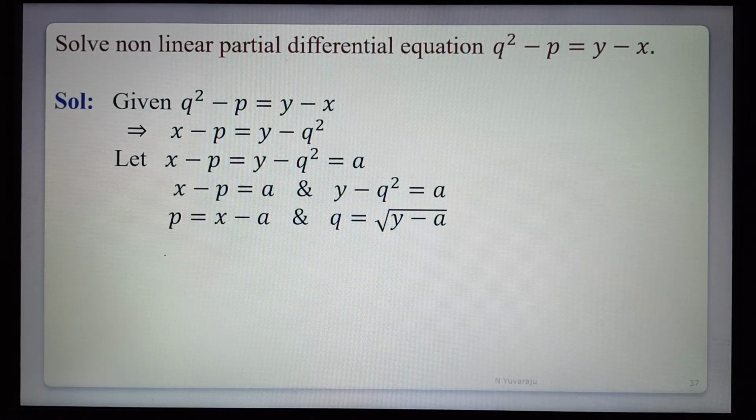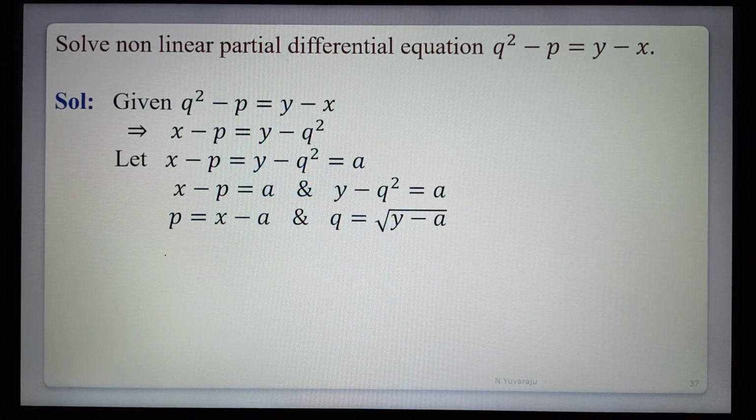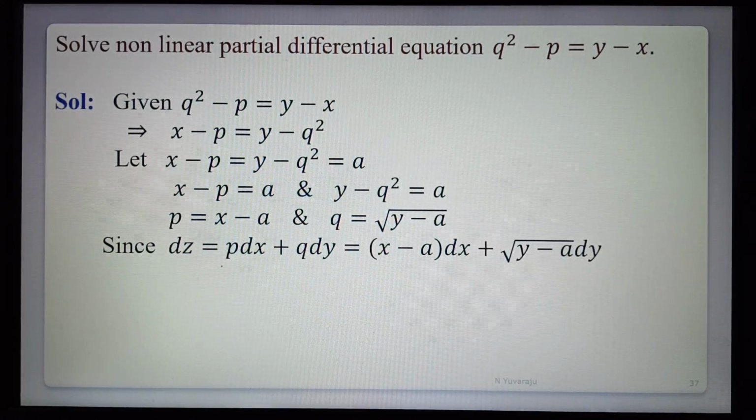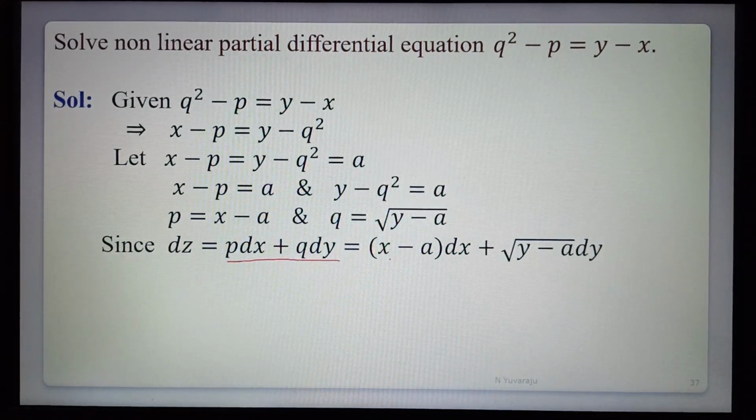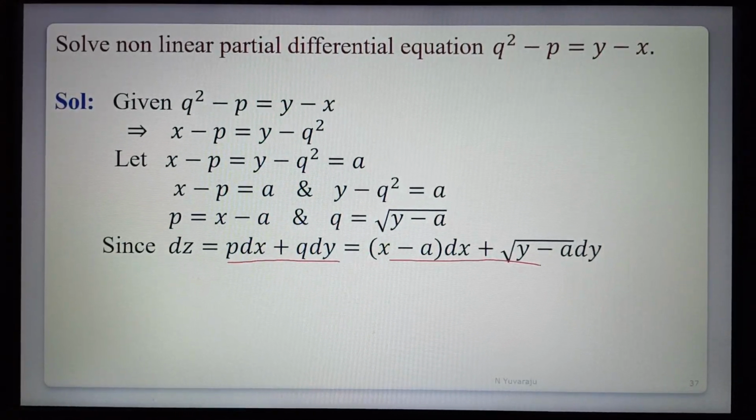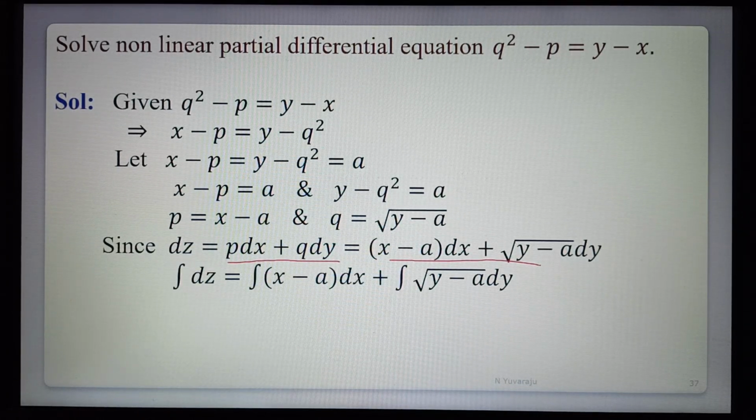dz is equal to p dx plus q dy. So that is equal to p dx plus q dy. P is equal to x minus a into dx and q is equal to square root of y minus a into dy. Now integrating on both sides, integration of dz is equal to integration of x minus a into dx plus integration of square root of y minus a into dy.